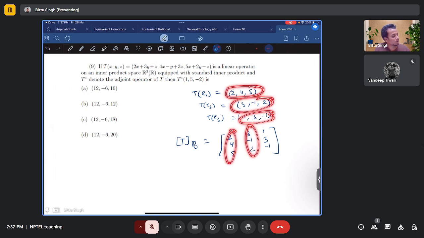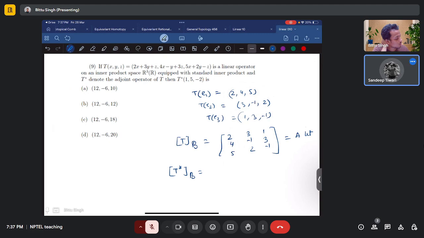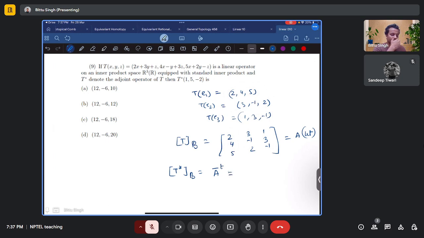That is the usual matrix representation. Therefore, T star with respect to the same basis is A bar transpose; there is no meaning of bar here, we simply write the transpose: rows (2, 3, 1), (4, minus 1, 3), (5, 2, minus 1).